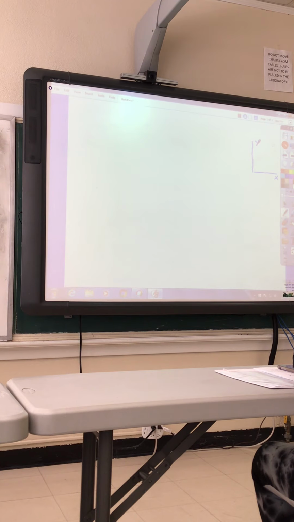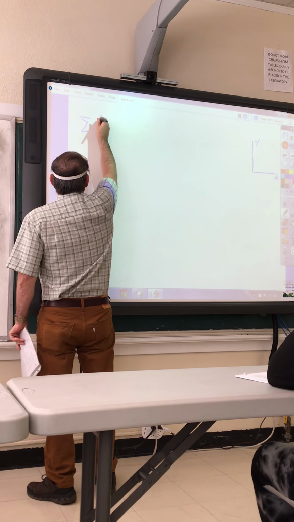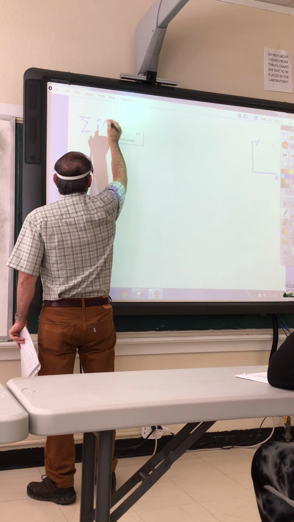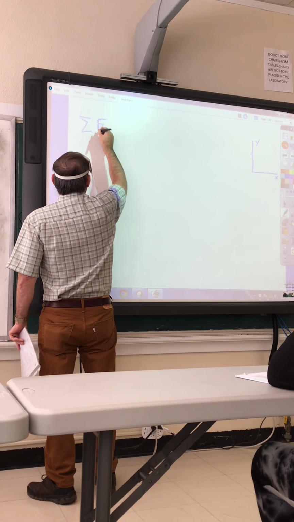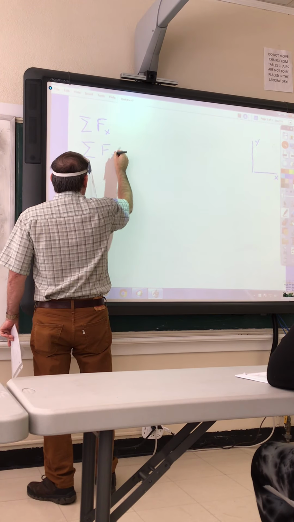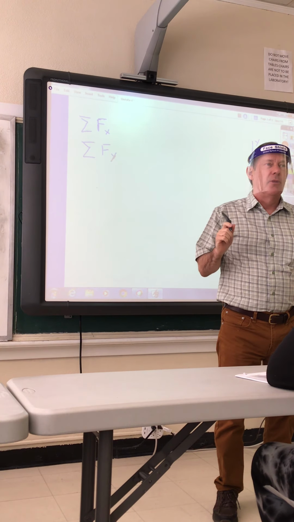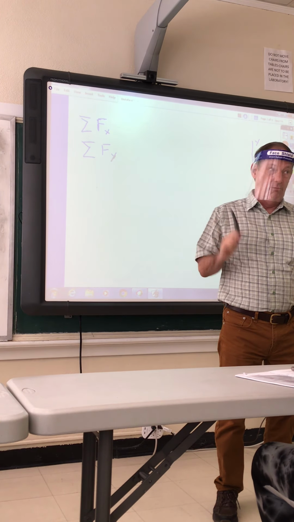Do the summation of forces in the x direction, the summation of forces in the y direction. One of these is 0, the other one is not 0. Okay?